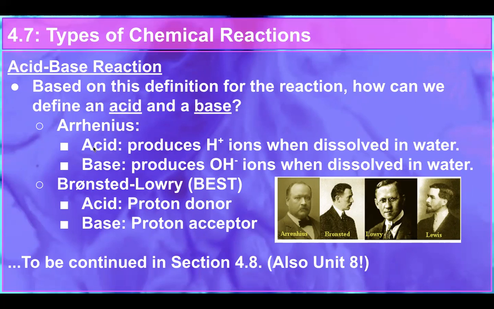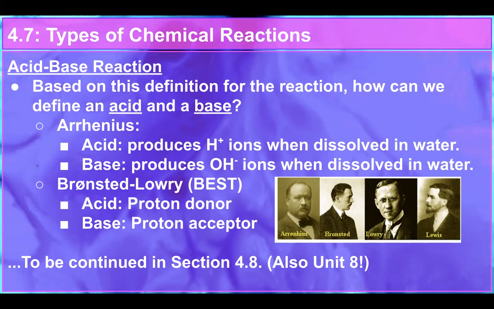So this definition is what was given to us by Arrhenius. But for our sakes in this class, we are going to use the Bronsted-Lowry definition because that is really how we should define an acid and a base for these reactions.